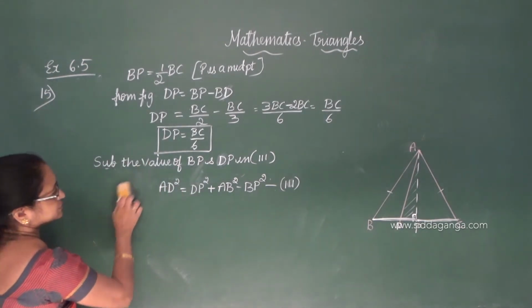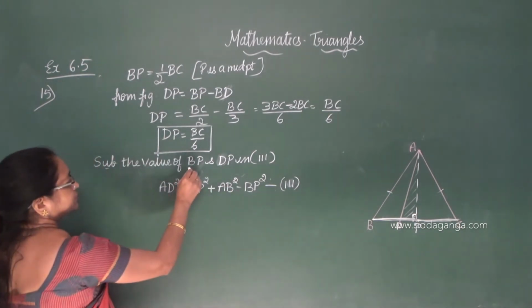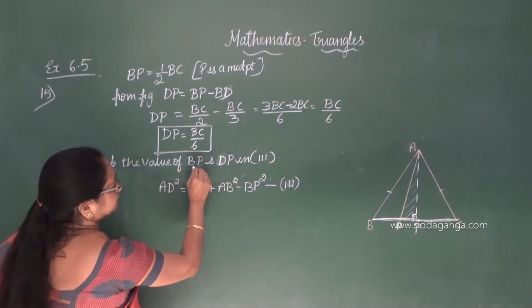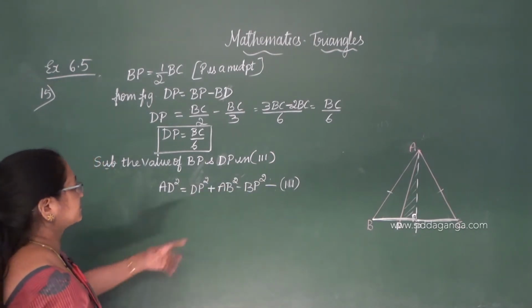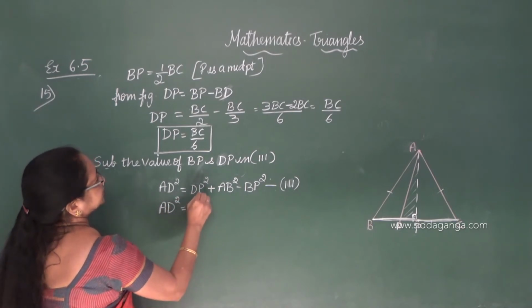So this is the main equation for us. We are going to put BP and DP value here in this equation. Now AD square is equal to, what is DP?